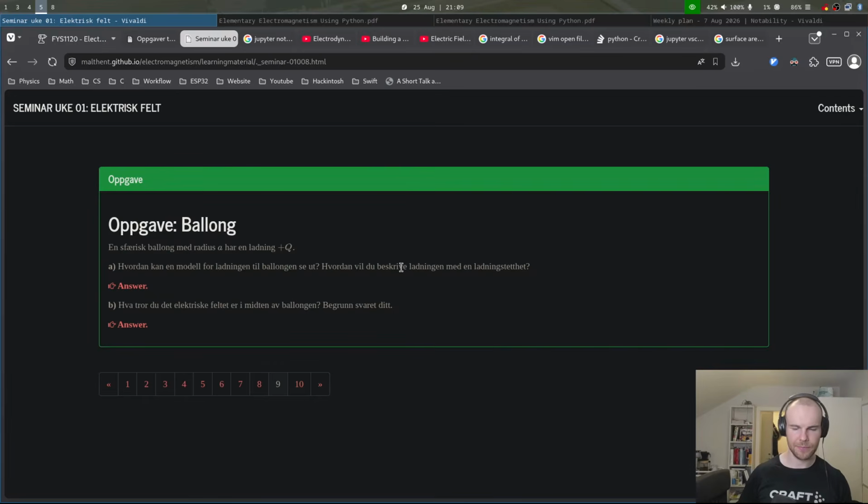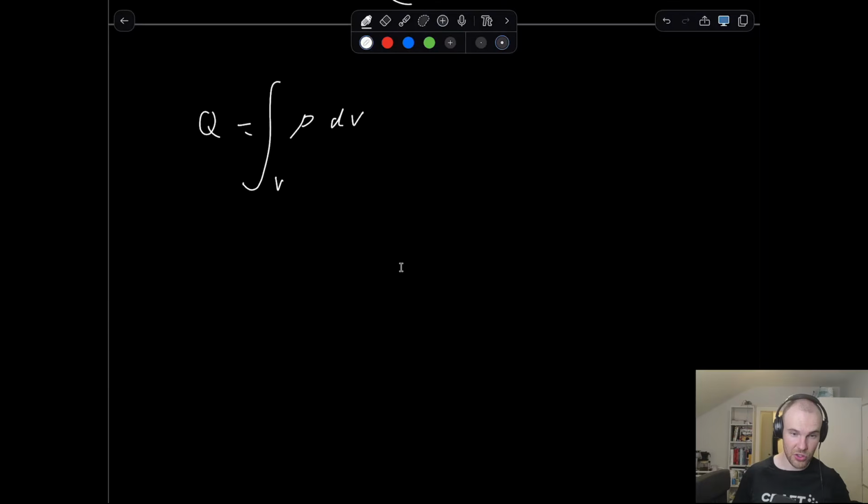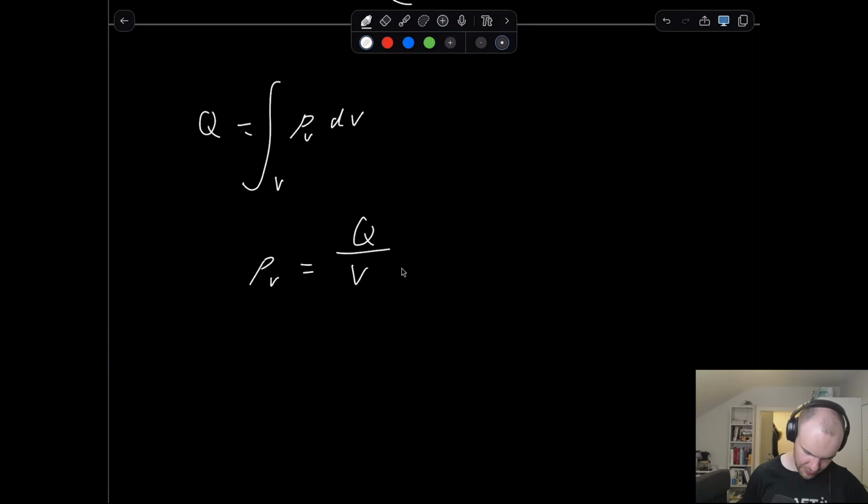For Q, I would just integrate over the volume, the density rho times the volume. There's a charge positive Q, and the density rho_V, which is what they're asking, is just Q divided by the volume.